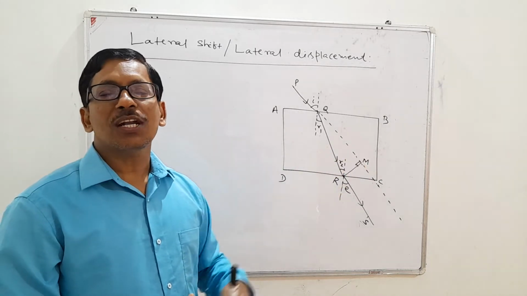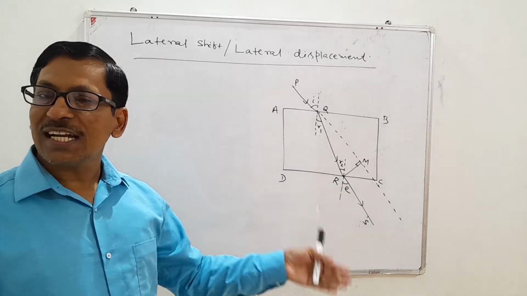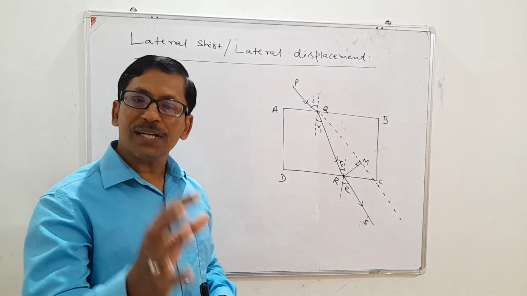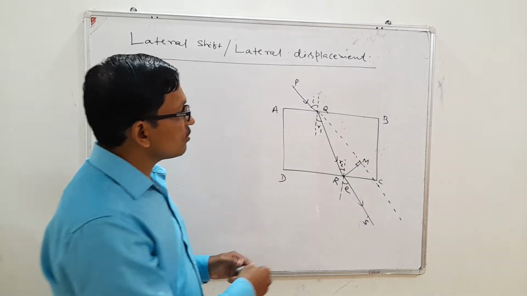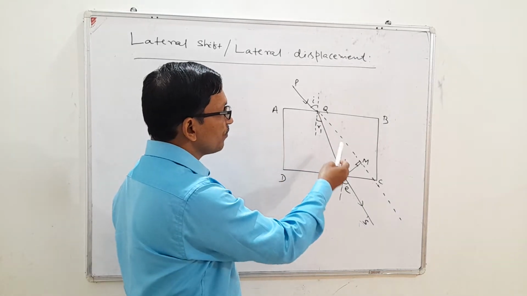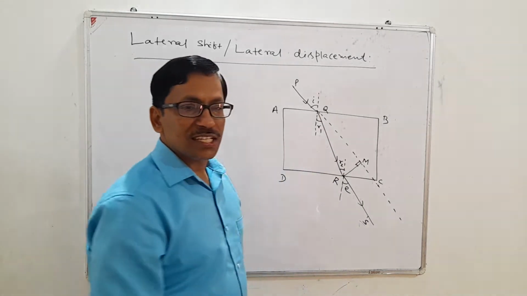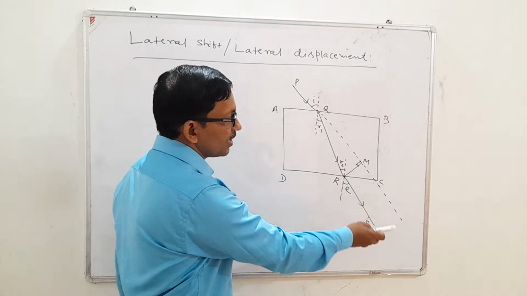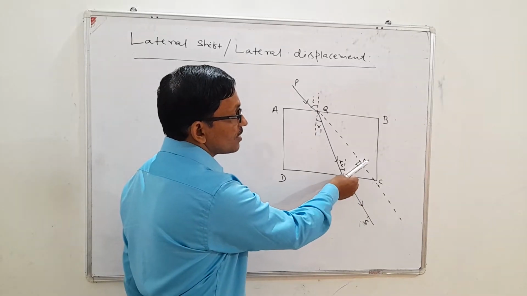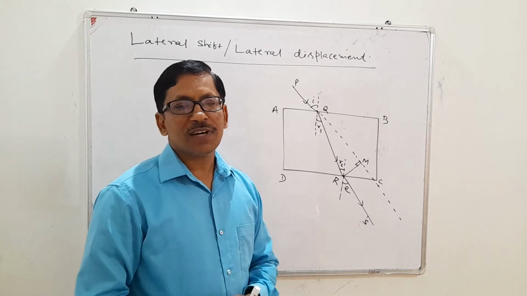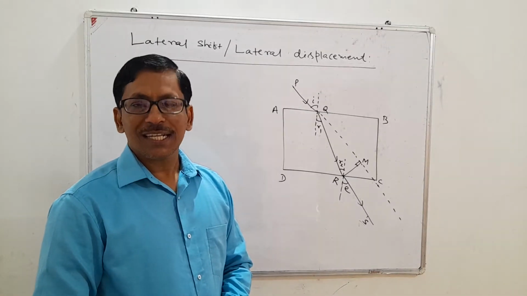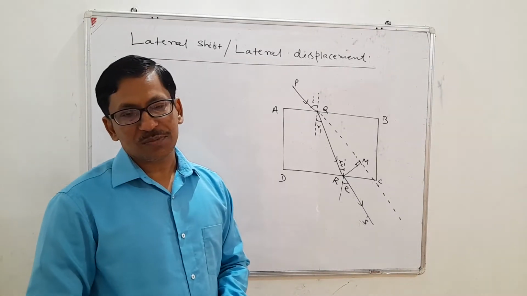That shifting is called lateral shift or lateral displacement. It is the perpendicular distance between the incident ray and the emergent ray. You see now, PQ is the incident ray, RS is the emergent ray. The incident ray, when extended, has a perpendicular distance between it and the emergent ray. So let us derive an expression for the lateral shift or lateral displacement.